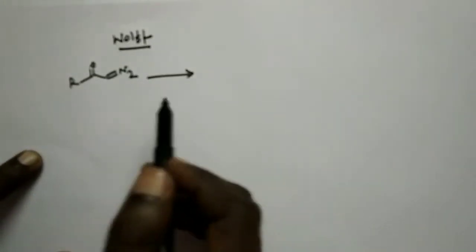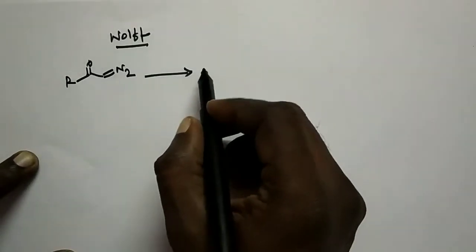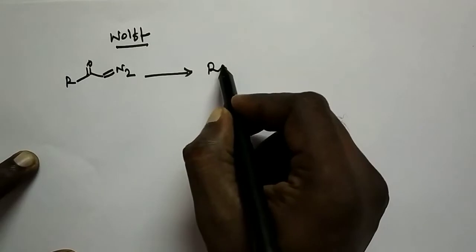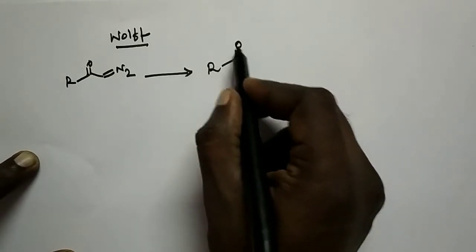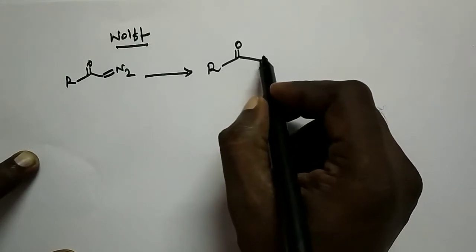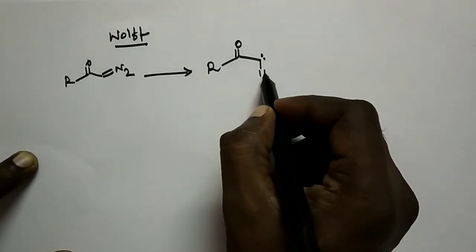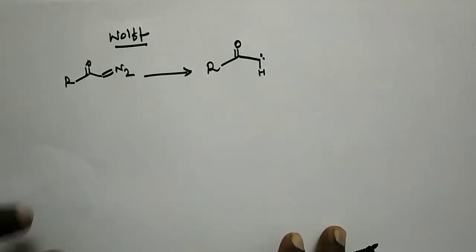You would decompose the diazoketone by a light or a metal. You will get a carbene. You will get a carbene.